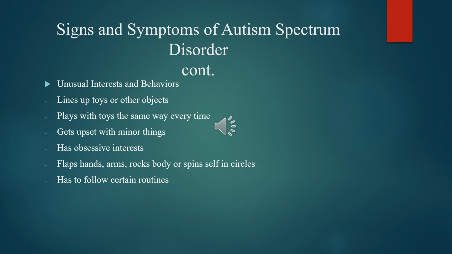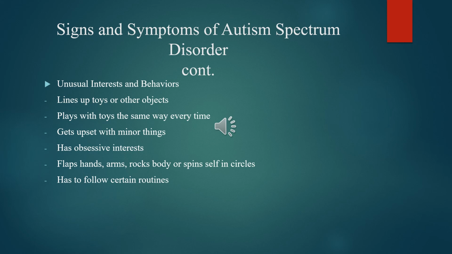The child may show signs such as flapping of arms or hands, rocking the body, or spinning in circles. And the child may show difficulty following certain routines or patterns.